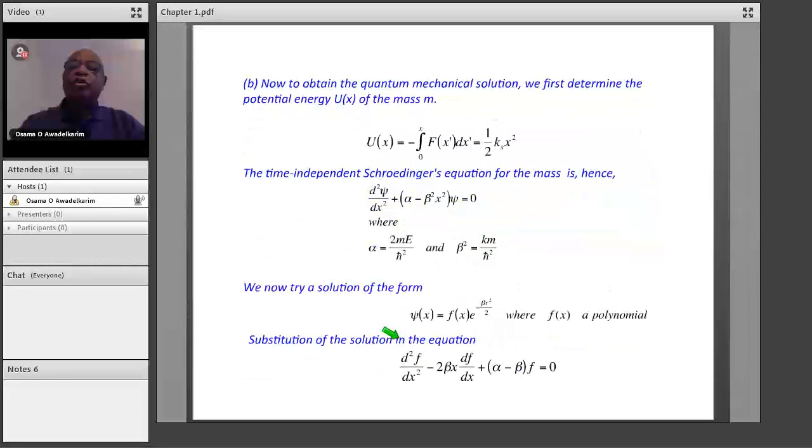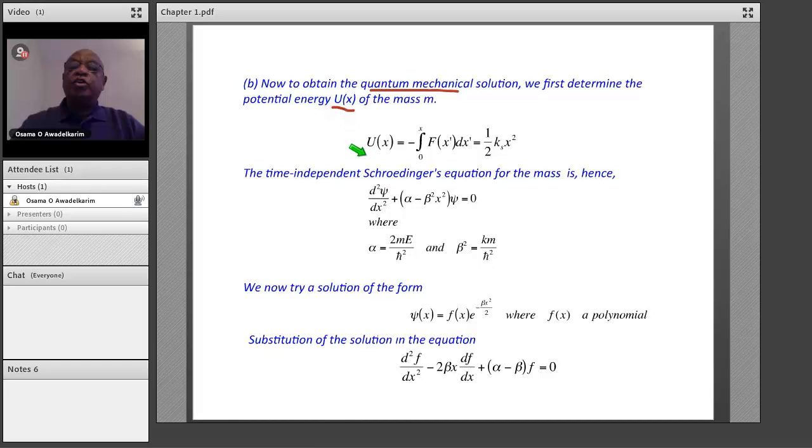Now, let us try to approach this problem using quantum mechanics. So let us look at the quantum mechanical solution. The first thing we need to do, if we are to use the Schrödinger equation, is to find the potential.